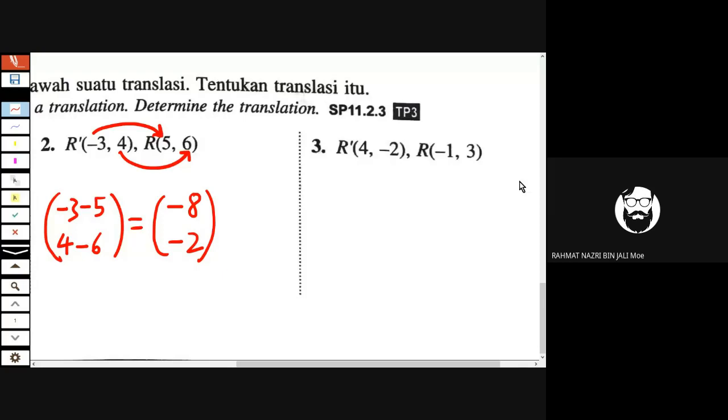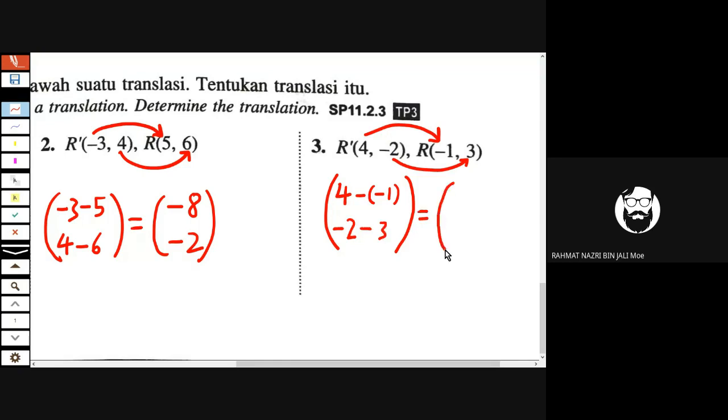Okay. Question number 3. Sama juga. Draw a big bracket. 4 minus 1. Negative 2 minus 3. Terakhir kali dapat jawapan 5, negatif 5.